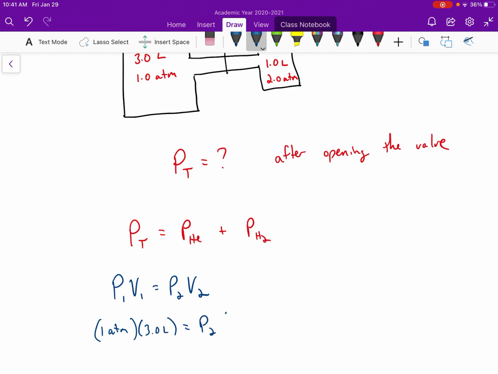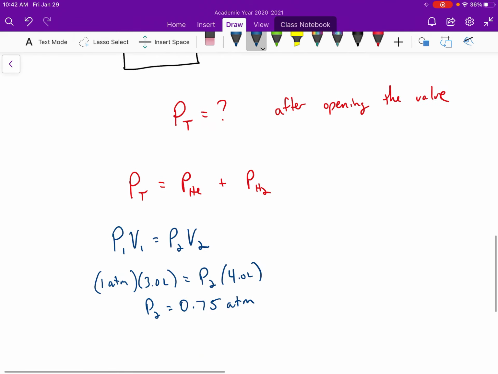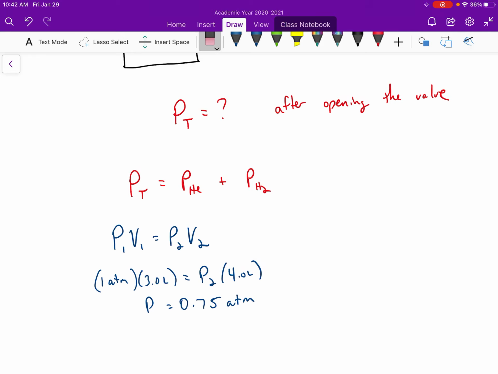I don't know my new pressure, and my new volume is the total container, which is 4 liters, okay? And that gives you a pressure of 3 divided by 4, so that's 0.75 atm. I'm just going to put helium here so I remember. So that's the pressure of helium.